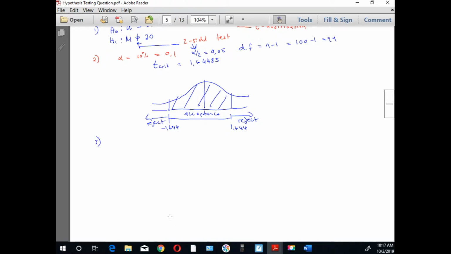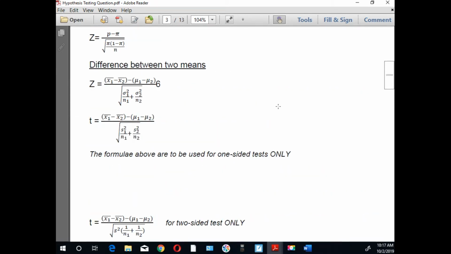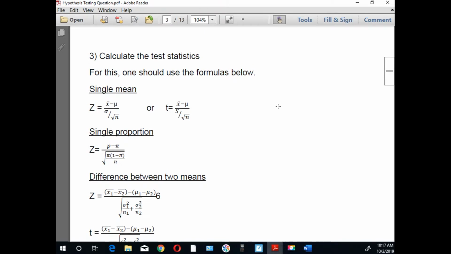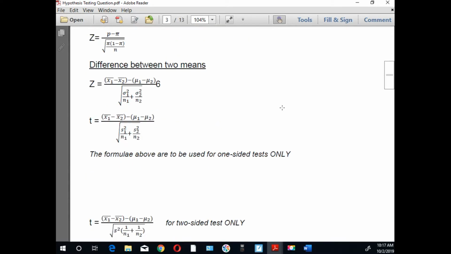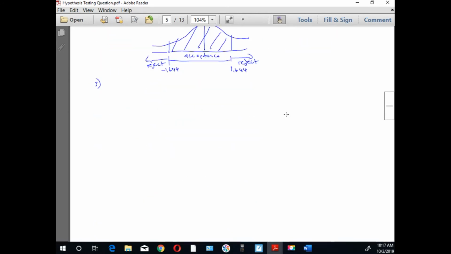Our third stage is the test statistic. So like we said, we go back and look at our test statistic. This is just a test for a single mean, so it's definitely this one, the one that doesn't involve the population standard deviation. t-calc equals x bar minus mu over s divided by root n.